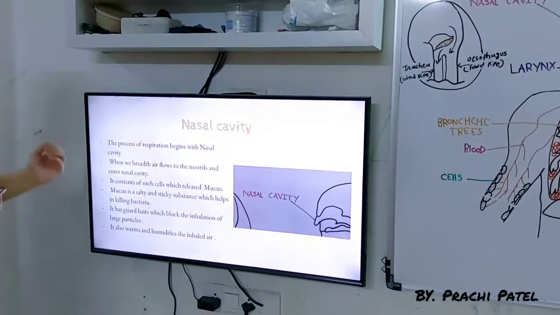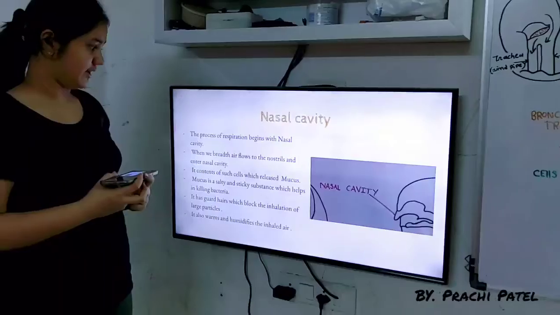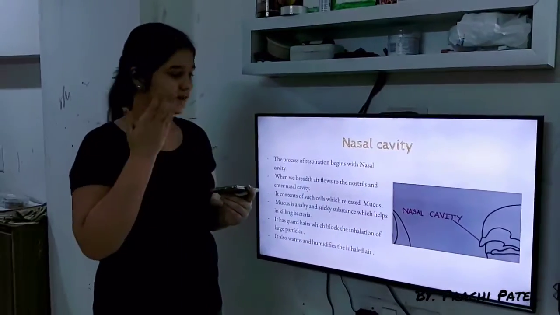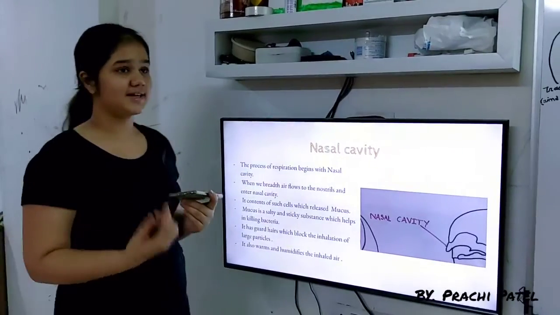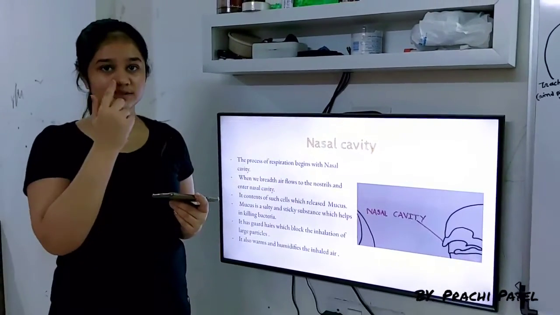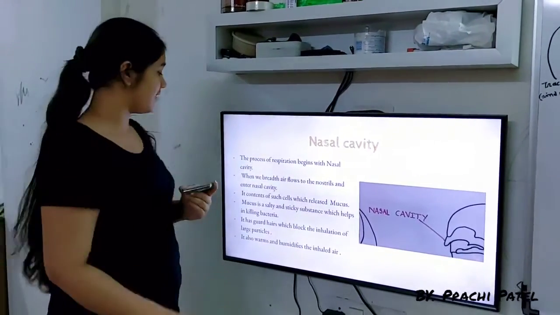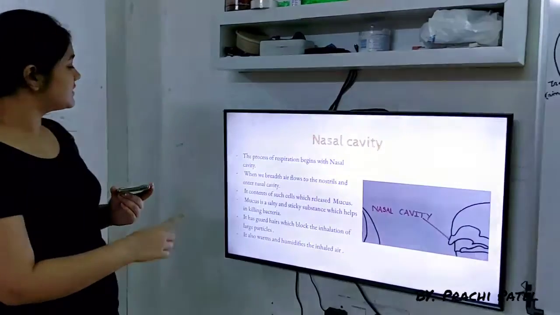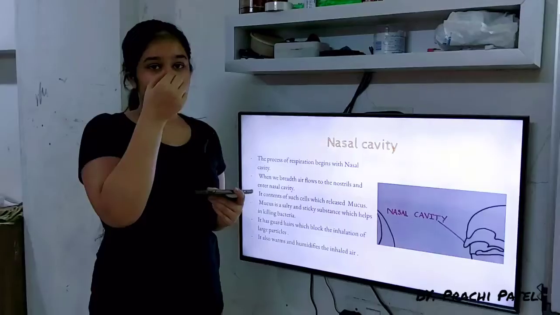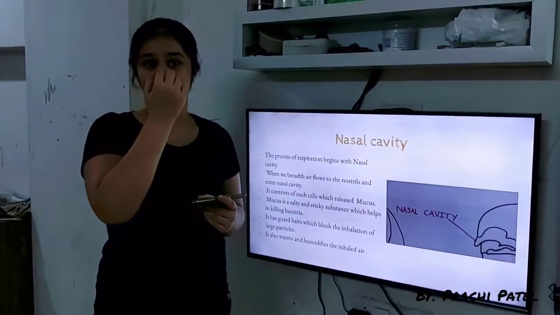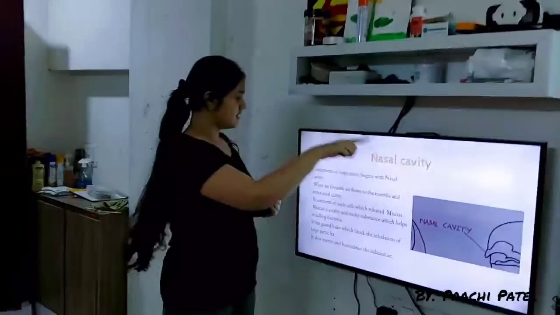The process of respiration begins with the nasal cavity. That is the first point where it begins. When we breathe, air flows to the nostrils and enters through the nasal cavity. Nostrils are the two holes, and then air enters the nasal cavity. It contains cells which release mucus. Mucus is a liquid stored in the upper part of the nasal cavity.